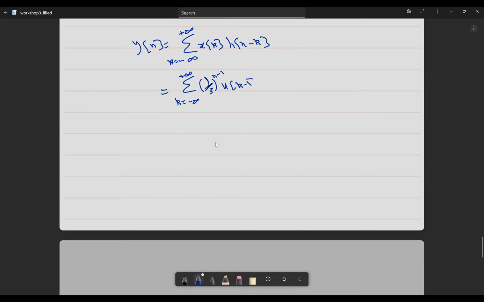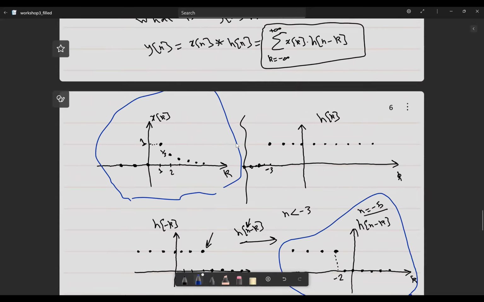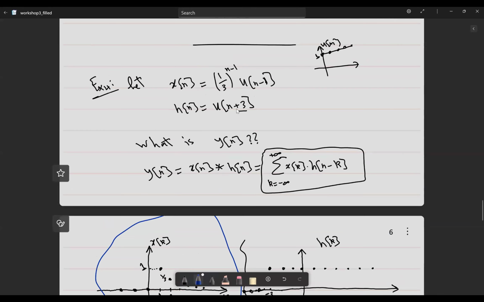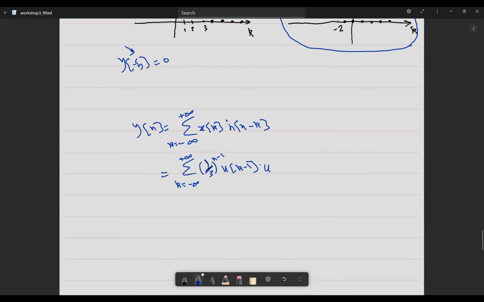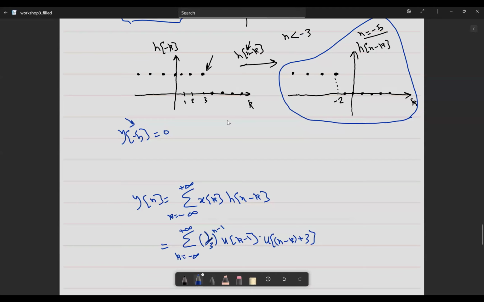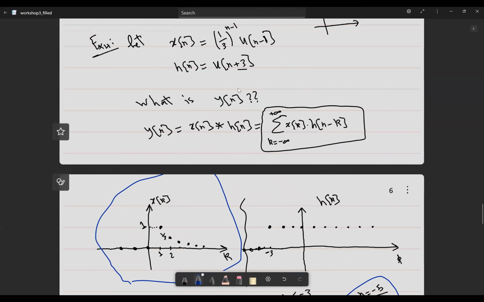And then h[n minus k] will be u, where we replace n by n minus k, times u[n minus k plus 3], right?